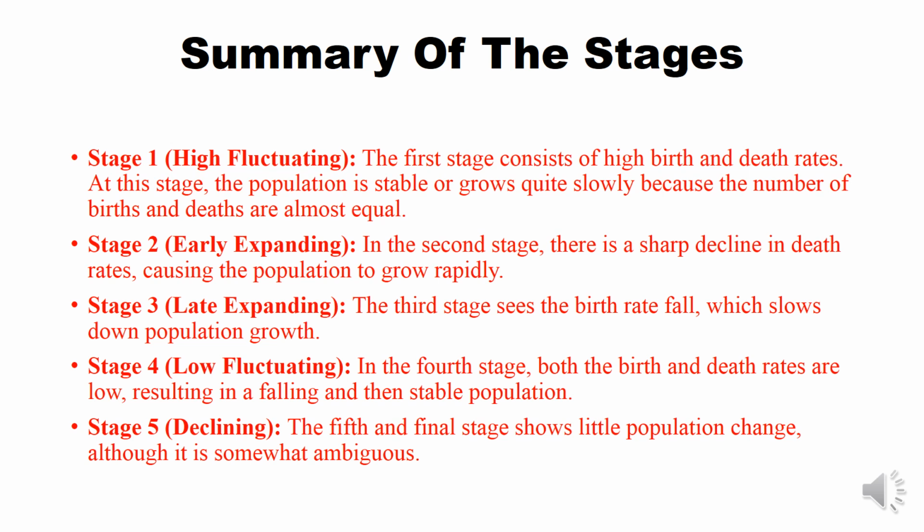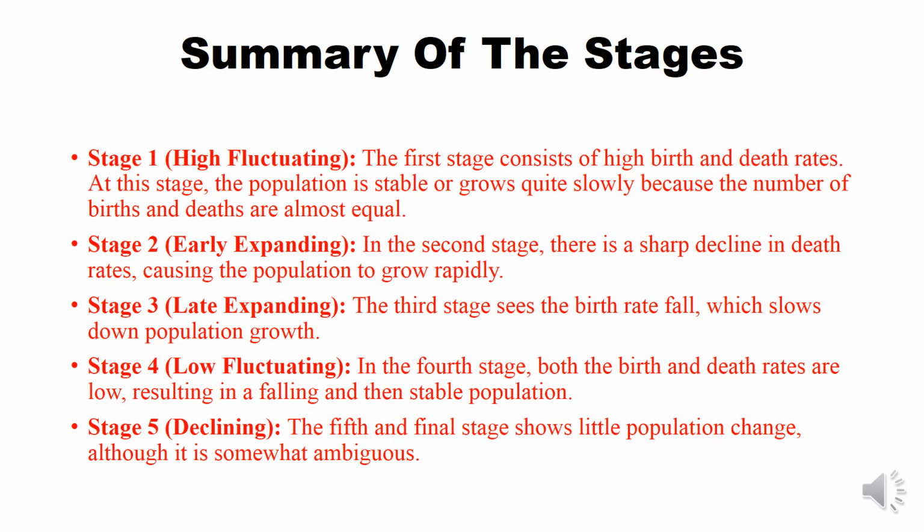Summary of all five stages. Stage 1, high fluctuating or high stationary. The birth rate and death rate are high. And stage 2, early expanding. There is a sharp decline in the death rate, causing the population to grow rapidly. Late expanding, the third stage, sees the birth rate fall, which slows down the population growth.